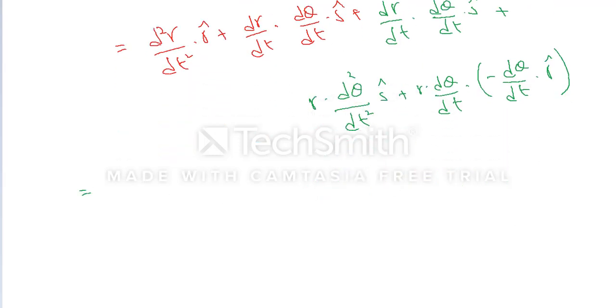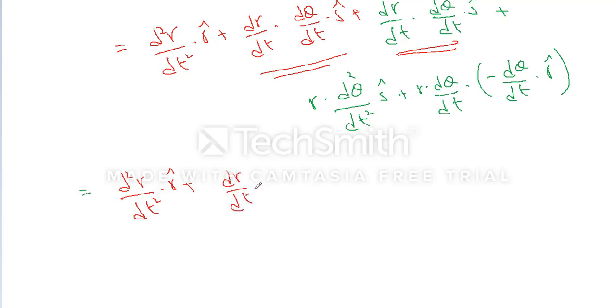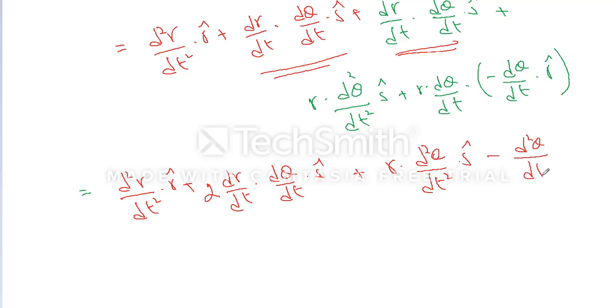So the above term can be written as d²r/dt² into r unit vector, plus these two terms are the same, so we can add them: 2 dr/dt into dθ/dt into s, plus r d²θ/dt² s, minus r (dθ/dt)² into r unit vector.